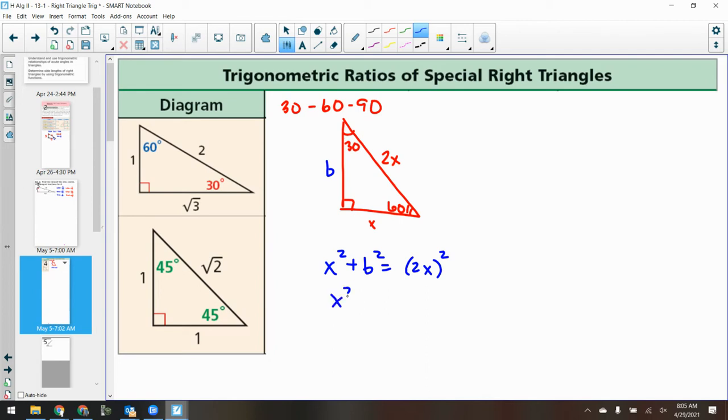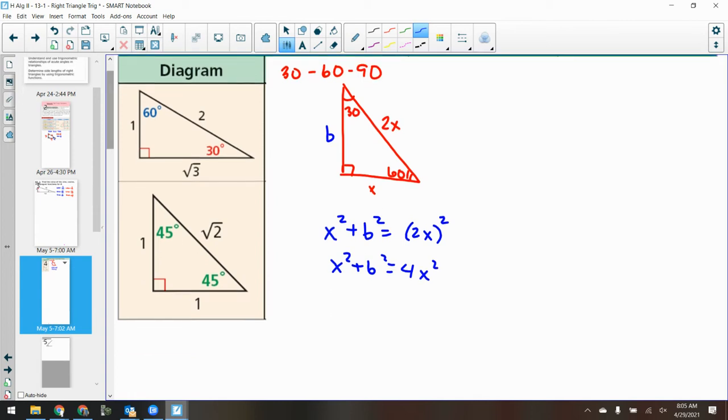So x squared plus b squared is equal to 4x squared when I distribute the square. Subtract over the x squared: b squared is equal to 3x squared, because 4x squared minus 1x squared is 3x squared. And if I square root that, b is going to be the square root of 3x squared, which simplifies down, see the x comes out, to x radical 3. And that's that side.